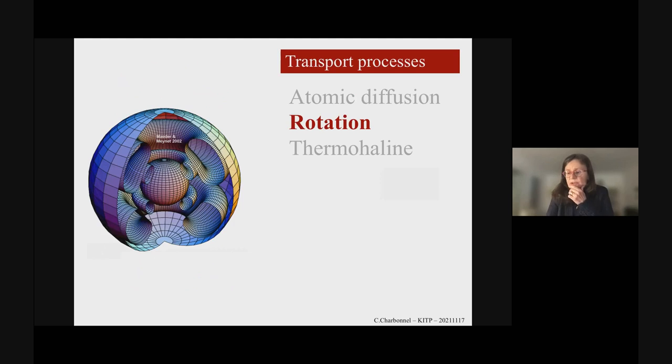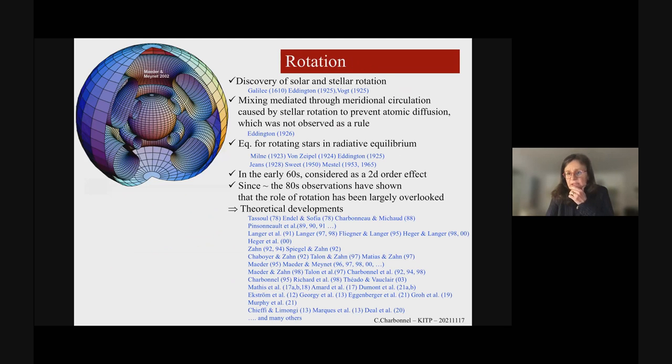So now rotation. Rotation has been studied for a long time. I mentioned the suggestion of Eddington about rotation counteracting the effect of atomic diffusion. The equations for rotating stars were already derived in the 20s. And in the 60s, rotation was considered only as a second order effect. But since the 80s, a lot of observations have shown that the role of rotation is very important.